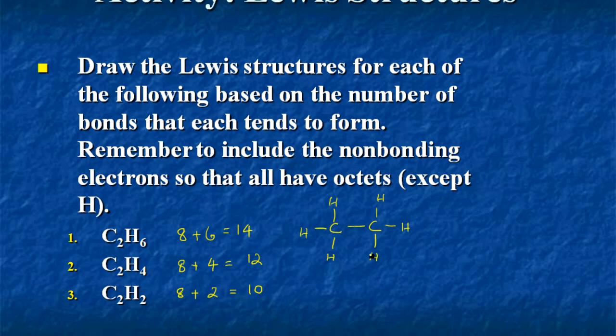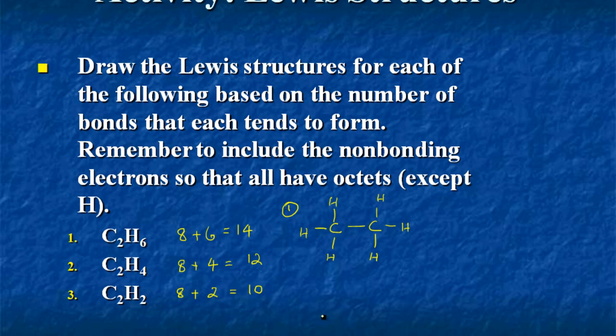How many electrons are we using? 2, 4, 6, 8, 10, 12, 14. We are using all 14. Is everyone happy? Hydrogen needs only 2, it's good. Carbon needs 8, and each carbon has 8 around it. So that is the structure of the first one.